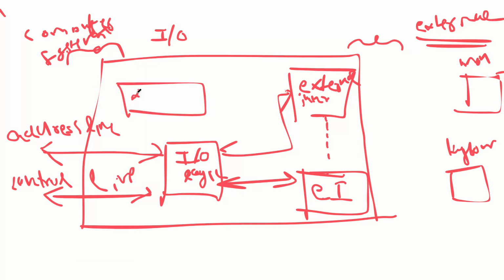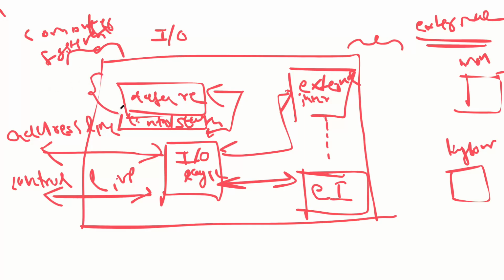I told you there are two registers: the data register, and the control register or status register. So data can go between this I/O logic and these registers. These are part of our data lines. Now if you see the external device, the data can transfer between them. Now the control is given to what?